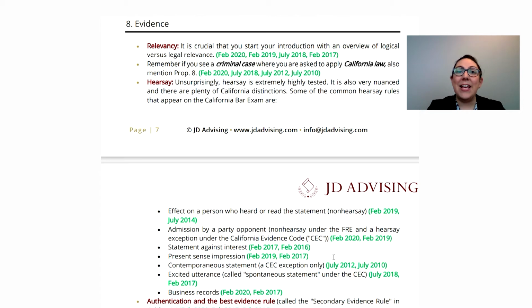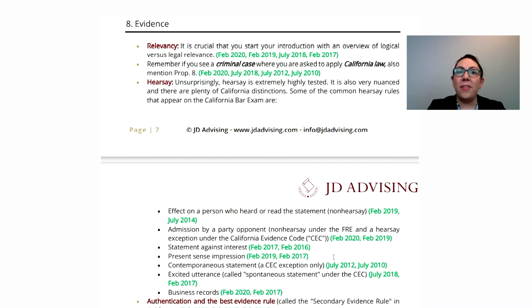So for evidence, it is crucial that you be familiar with the substantive issues and the way that they expect you to set up your answer to this question. Because there's often a lot of patterns that we see as far as what issues you need to discuss for different types of evidence that we see presented in the fact pattern. One of the things to remember is that they almost always expect you to just start with a discussion of relevancy.